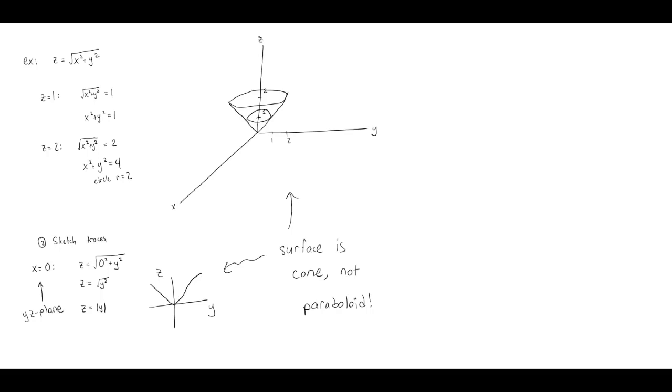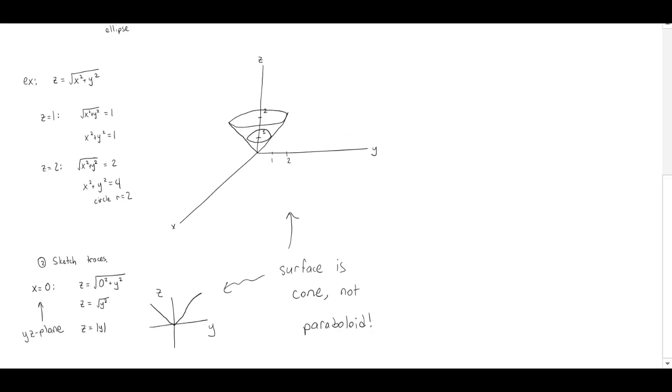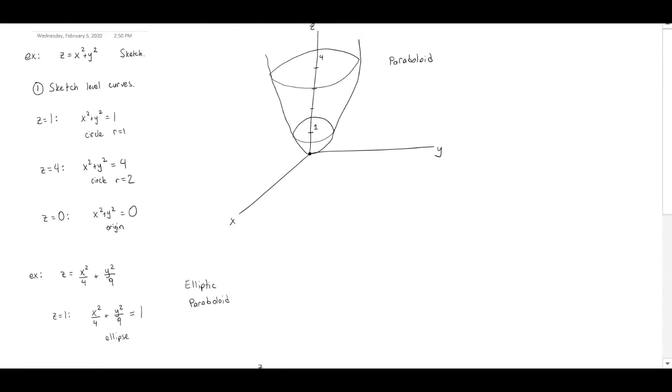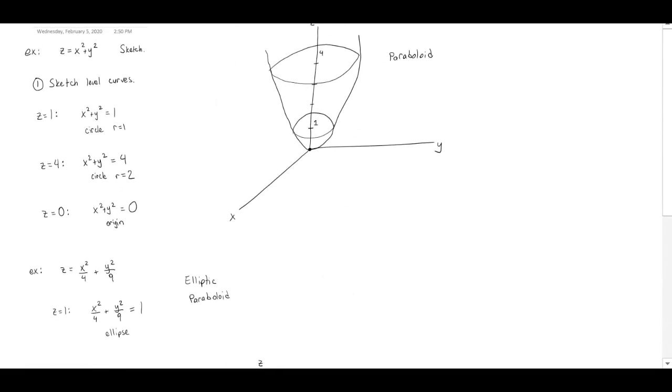Okay. So actually, if I go back to the first example with the paraboloid, let's just look at one of the traces to get a better sense for what's going on. Let me just do the x equals 0 trace again. Okay? So for the paraboloid with the equation z equals x squared plus y squared, when x equals 0, it just becomes z equals y squared.